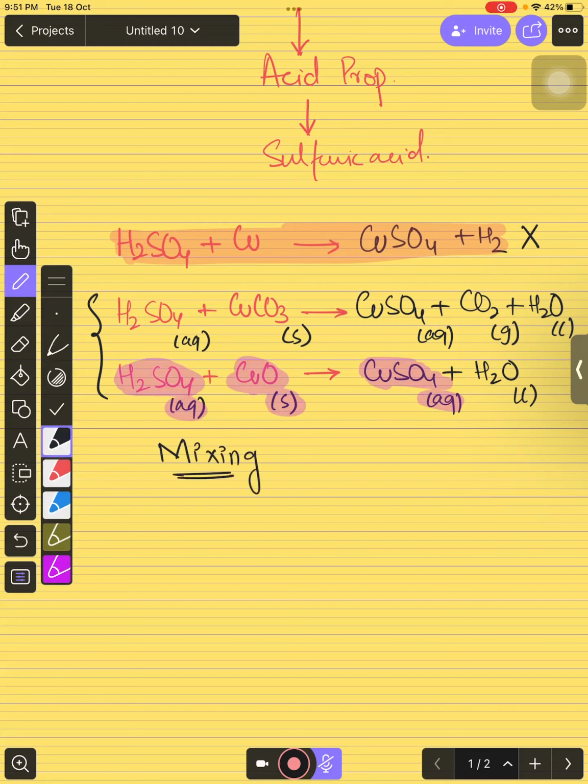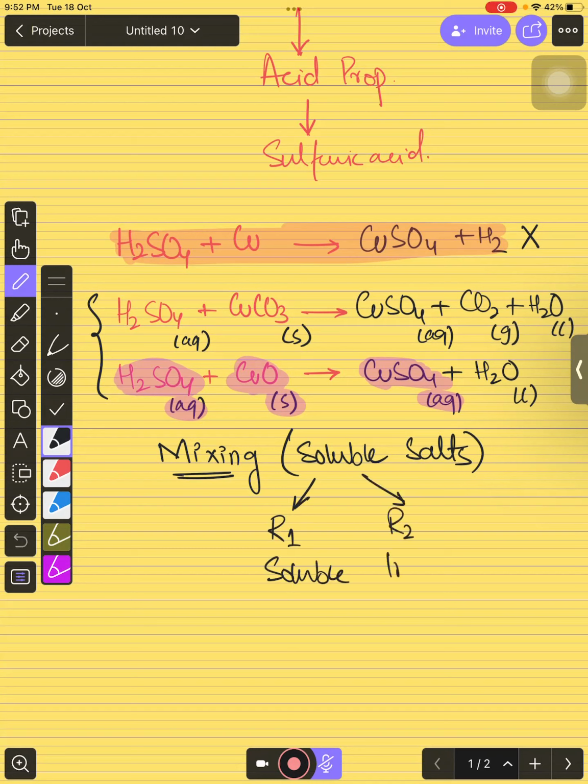This is the case that you need to keep. Remember, if you are forming soluble salts, and out of two reactants, one reactant is soluble and one reactant is insoluble, you must use the method mixing. Is that right?